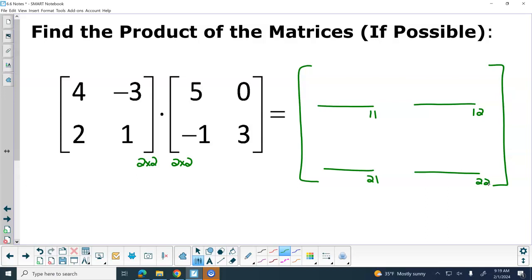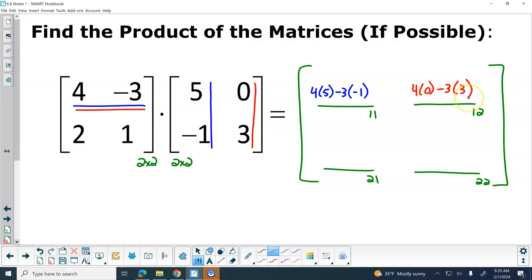So I'm going to take my first row times my first column. That would be 4 times 5 minus 3 times negative 1. First row, second column: 4 times 0 minus 3 times 3.